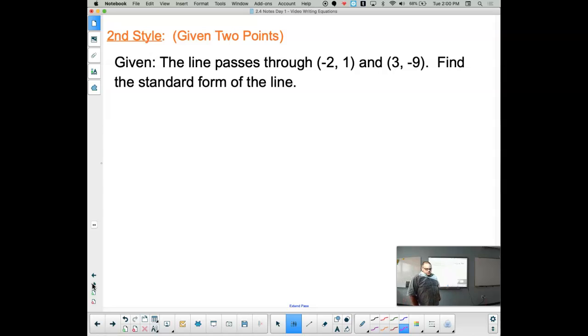Second style is going to be you are given 2 points. Okay? So if I'm given 2 points, we'll go with a purple point and a blue point. Okay? The very first thing that I'm going to do is I'm going to have to find the slope between those 2 points by subtracting the y's over subtracting the x's.